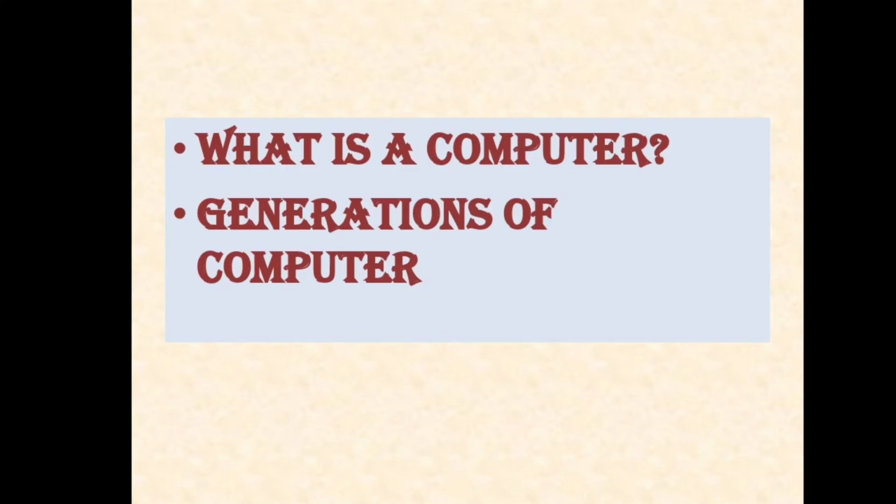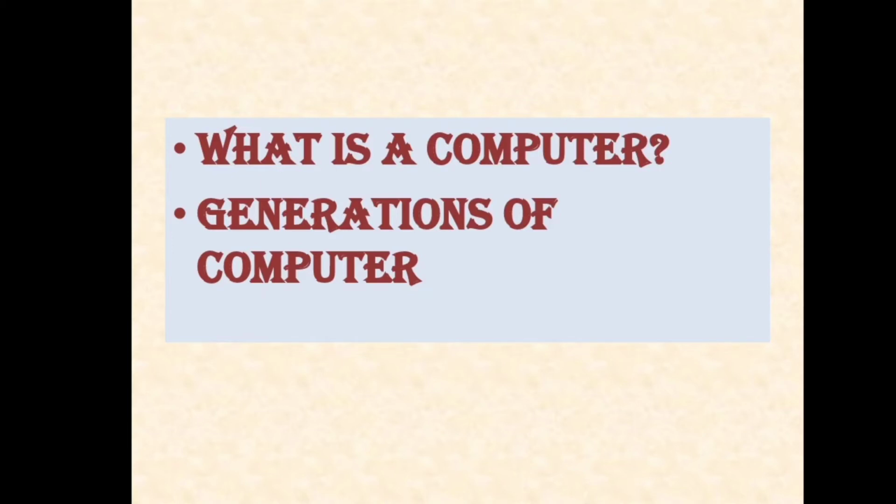Okay. And in fourth generation, what did we do? We assembled those ICs on microprocessors. And in fifth generation, which scientists are working on, they are using artificial intelligence. Okay. These are 5 generations of computer, which we have studied in last class.